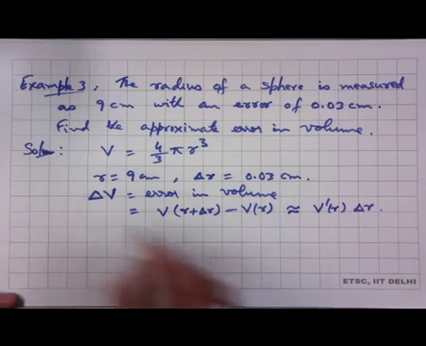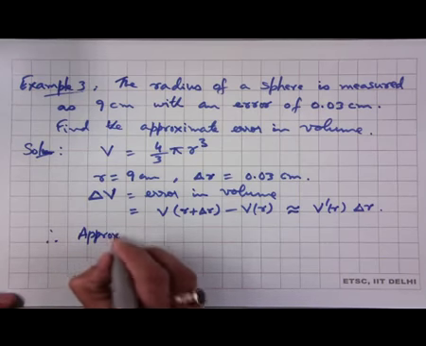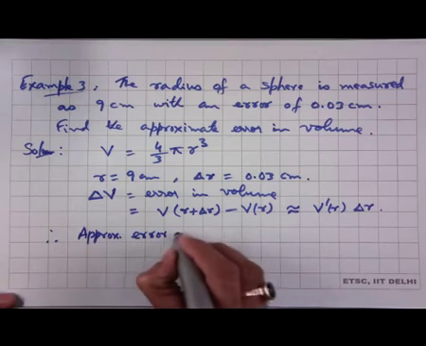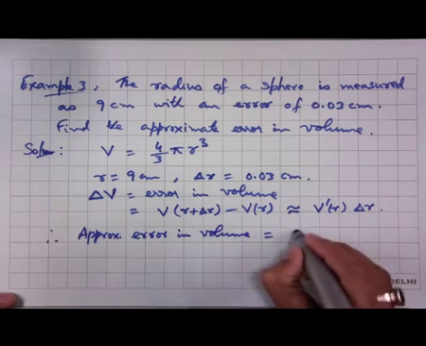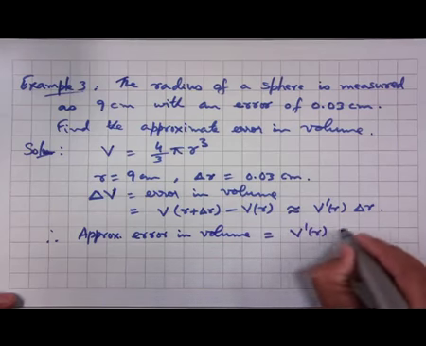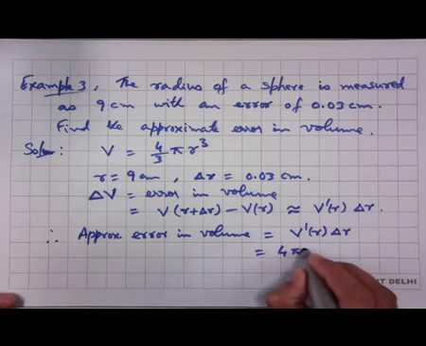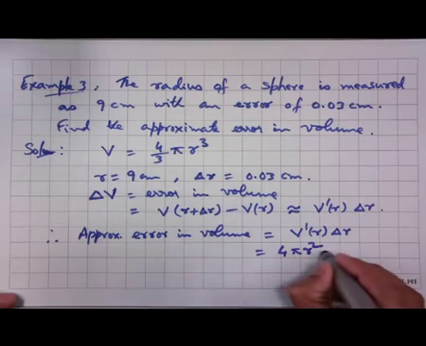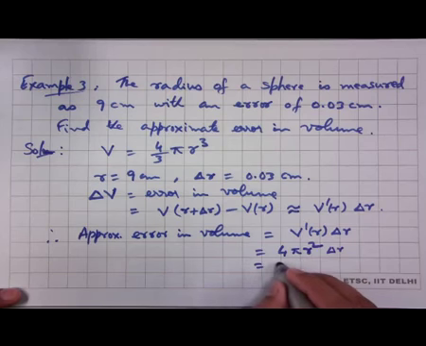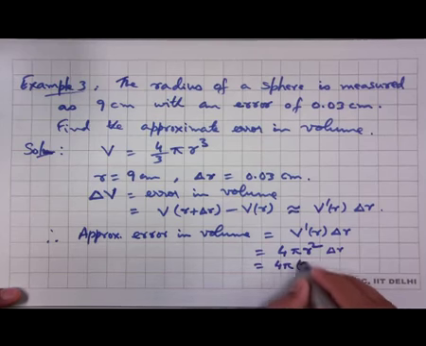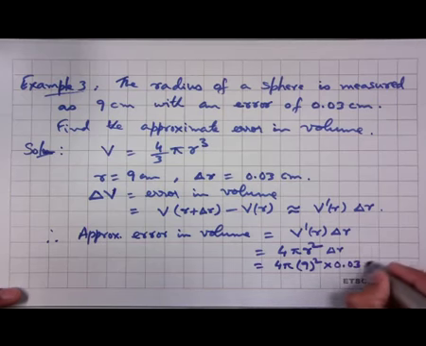So, the approximate error in volume is equal to V prime r times delta r, where V prime r is 4 pi r squared, times delta r, and then you put r equal to 9. So, this is 4 pi times 9 squared times 0.03 centimeter cubed.